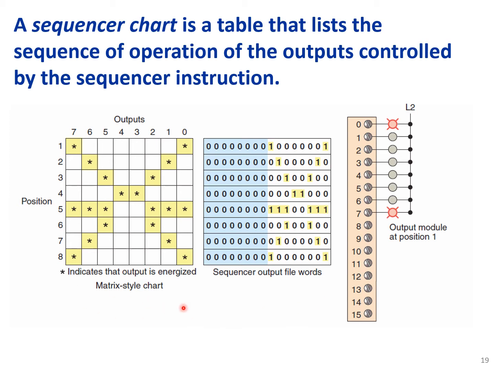This one is a matrix style chart, and this is pretty simple, basically sequencer file words. For example, the first word here, the first one and the last one, outputs. I'm talking about outputs. They are on, and the rest are off.